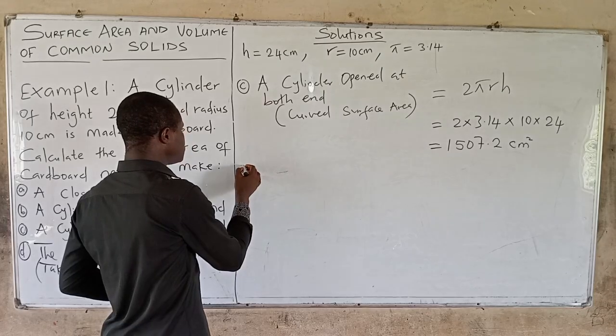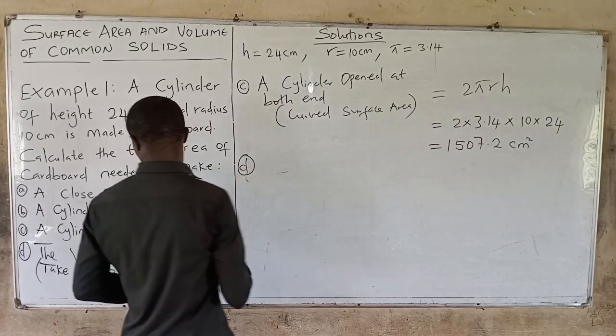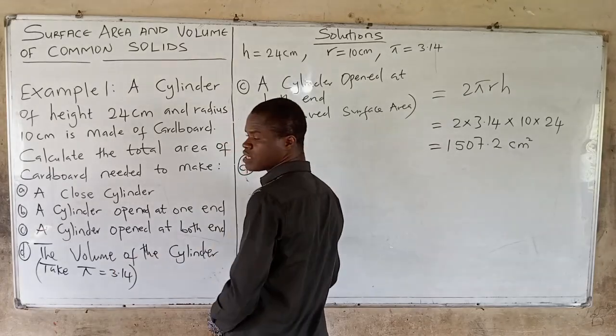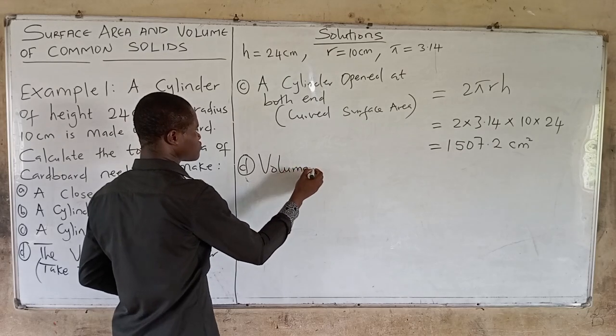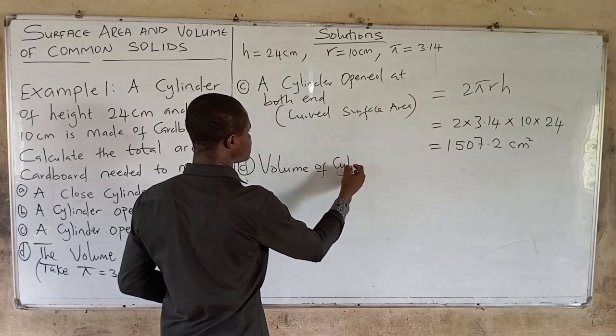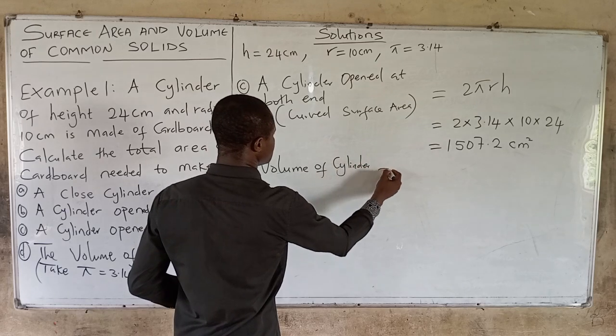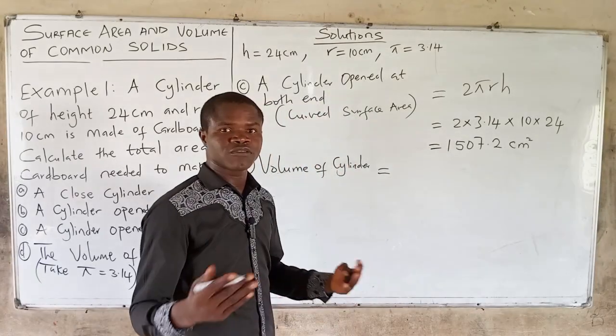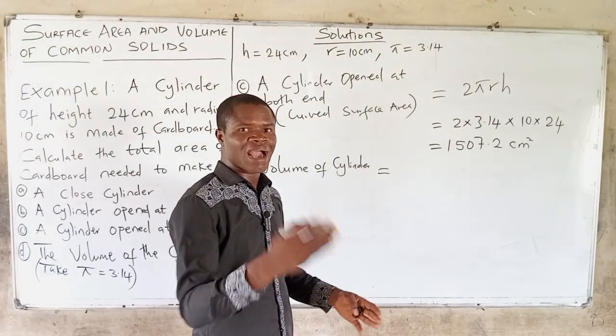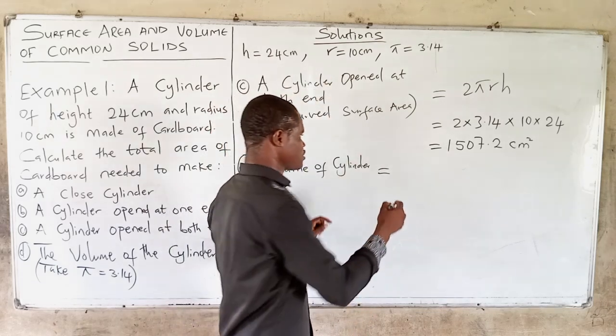And then number D, we are asked to calculate the volume of the cylinder. So volume of cylinder is giving us, remember, pi r square times h.